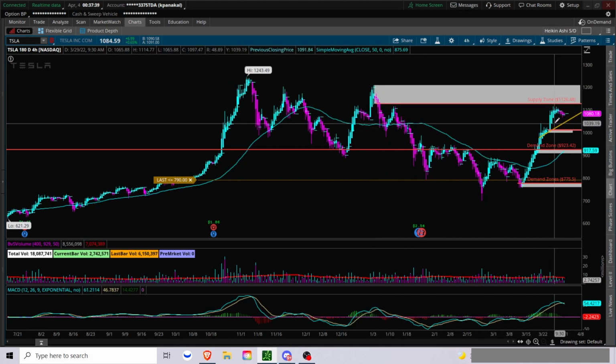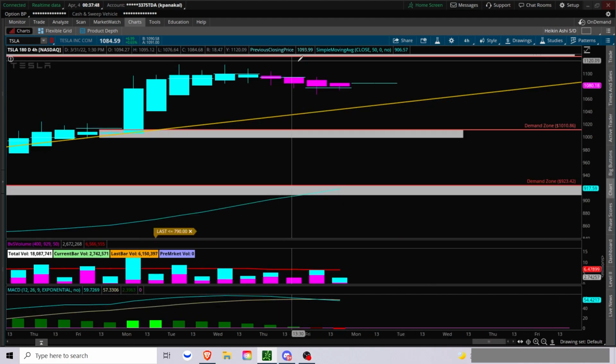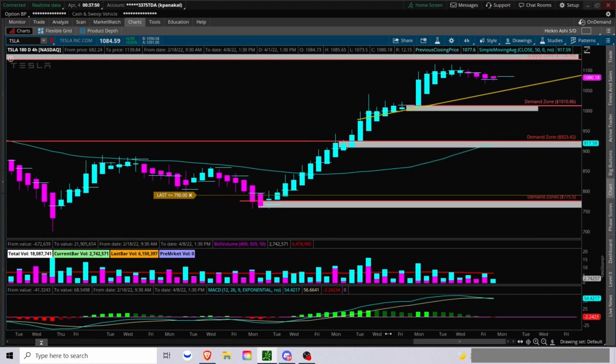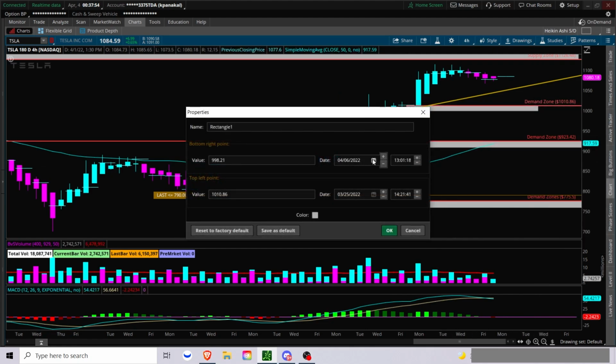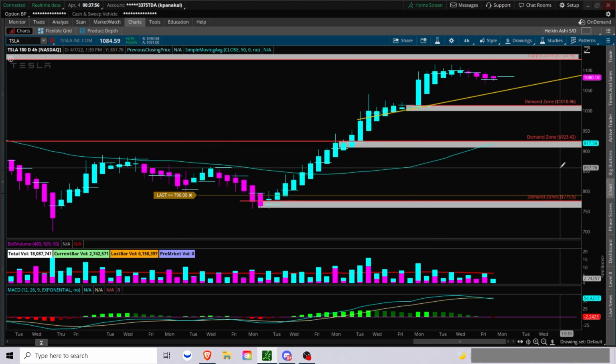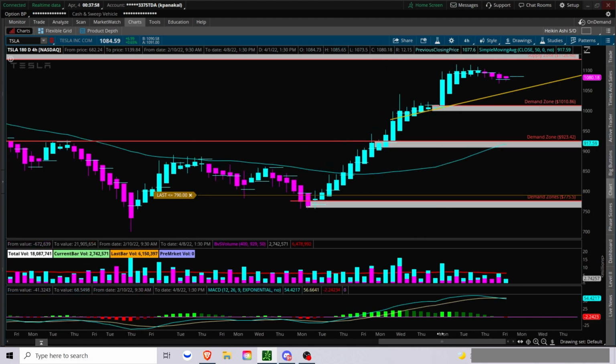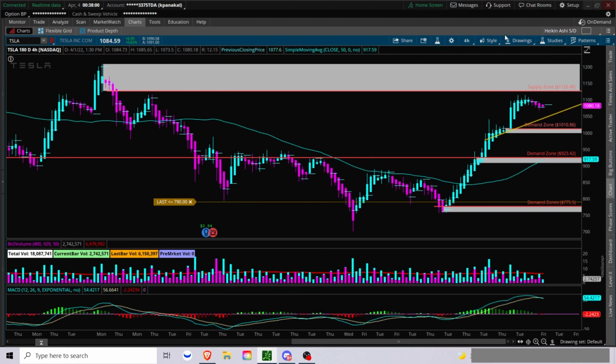So if we actually test it, we can expect a more retrace down from this supply zone all the way down to this demand zone, which is pretty neat. So we have three demand zones actually that we can look at.